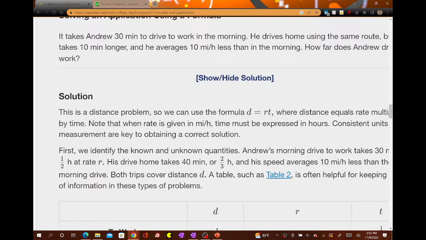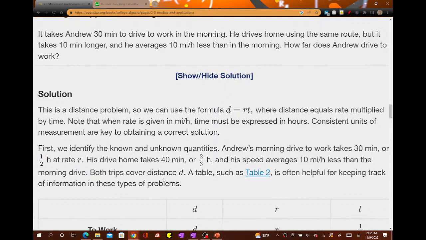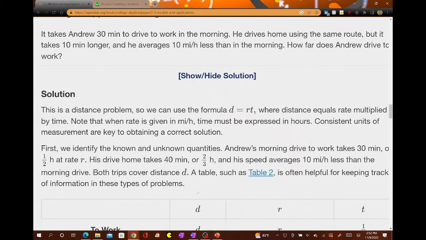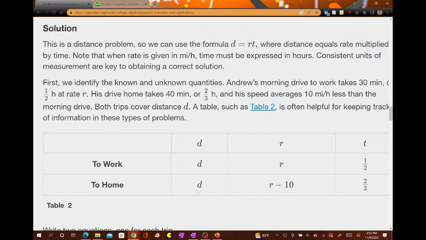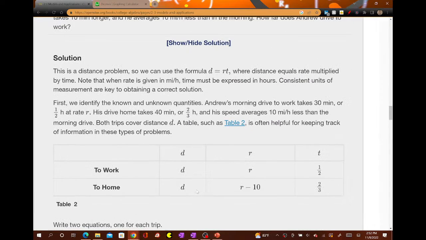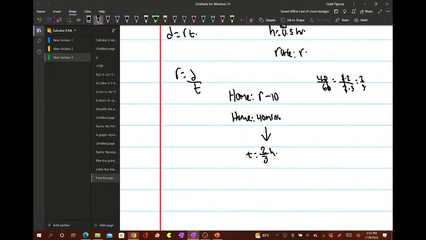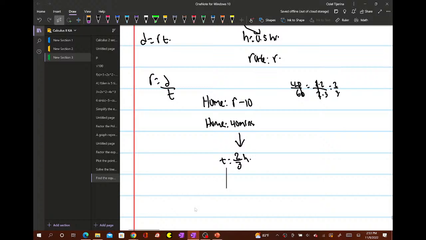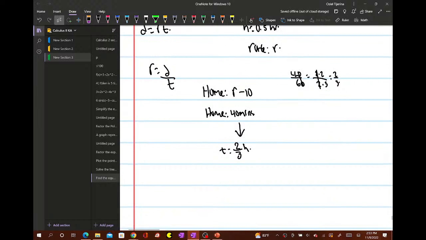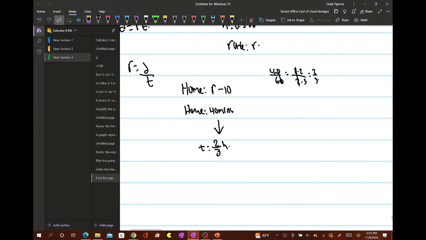Now, his speed averages 10 miles per hour less than in the morning drive. So really, his speed, like I said, is r minus 10. If his rate is r originally, his rate now is r minus 10.